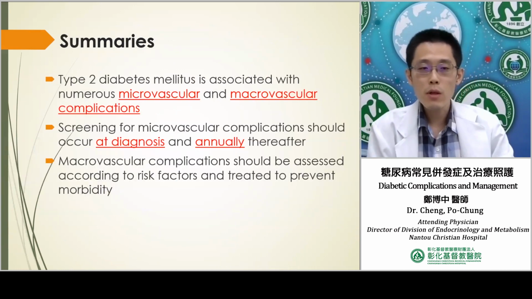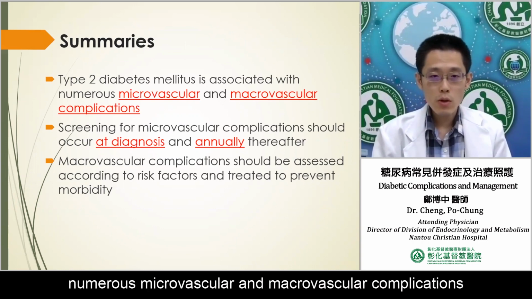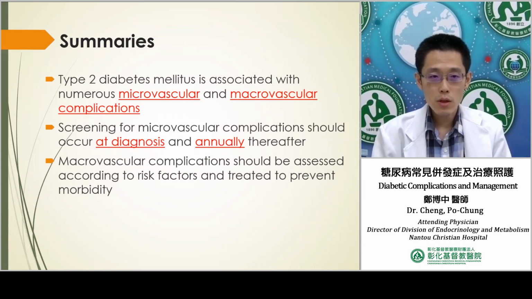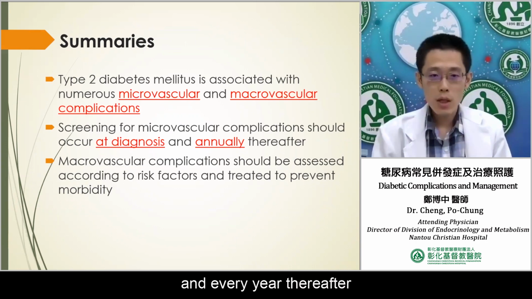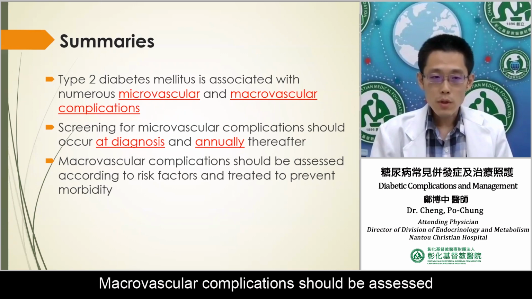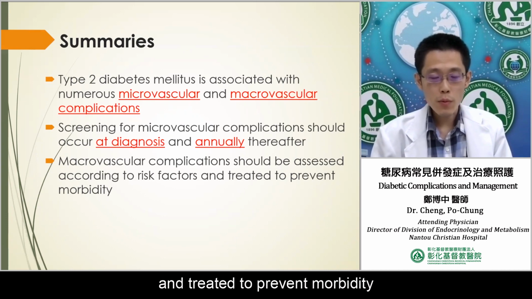So in summary, type 2 diabetes mellitus is associated with numerous microvascular and macrovascular complications. Screening for these complications should occur at the diagnosis of diabetes and every year thereafter. Large vessel complications should be assessed according to risk factors and treated to prevent the morbidity associated with coronary heart disease.